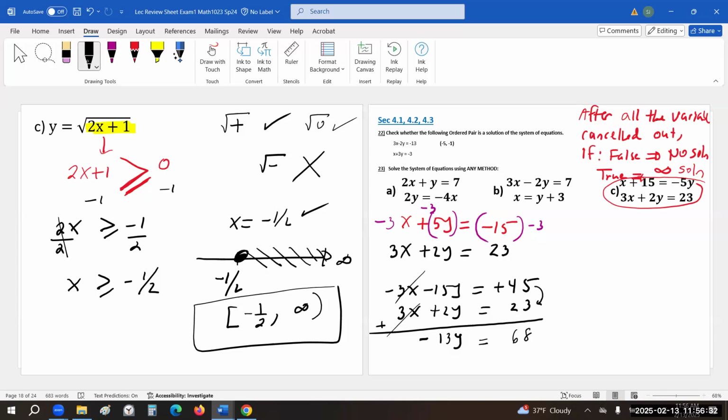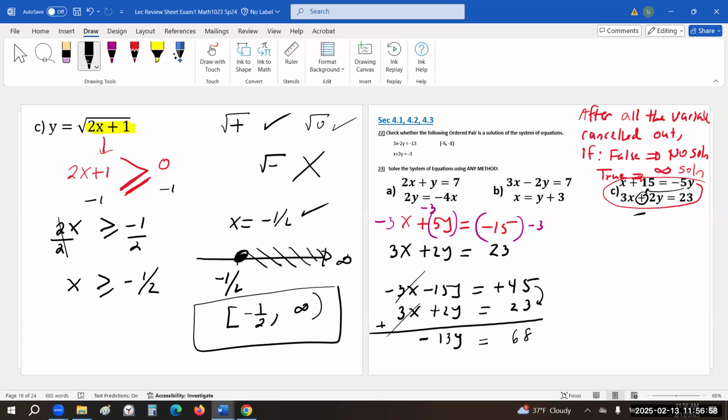Yeah, I did something wrong. Did I make a mistake? X plus 5y equals negative, so I switch their position. So x plus 5y equals 15. Oh, because my sign is different here. It was negative before. But never mind.